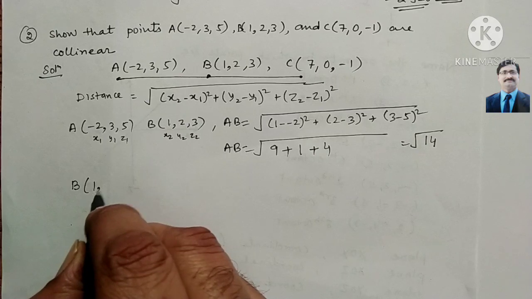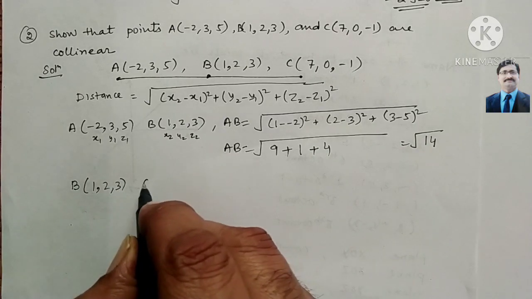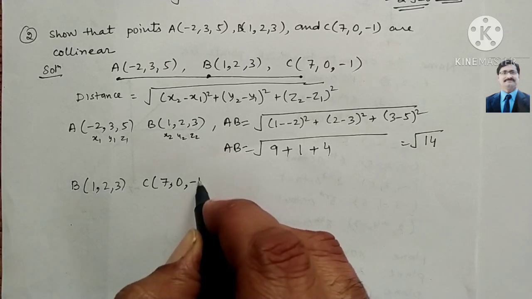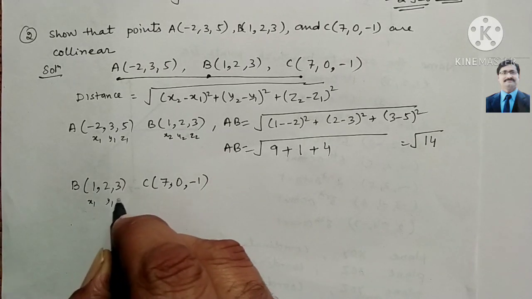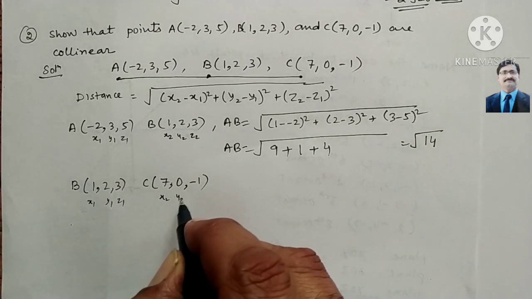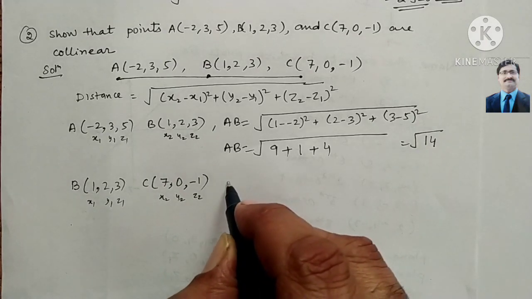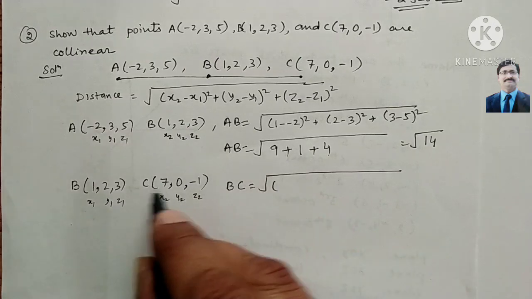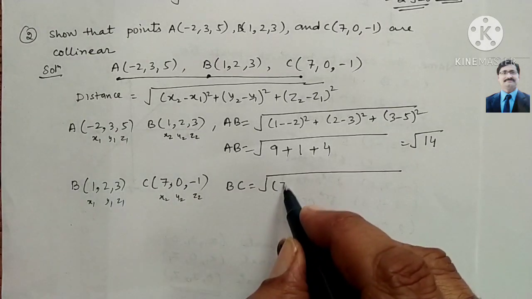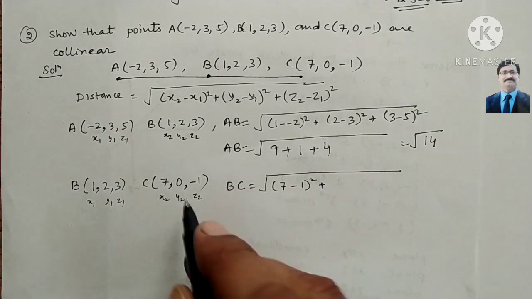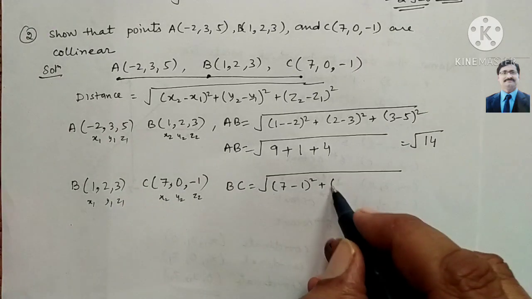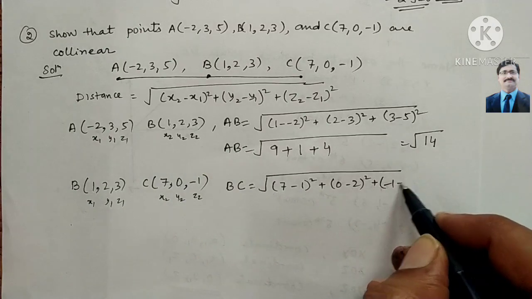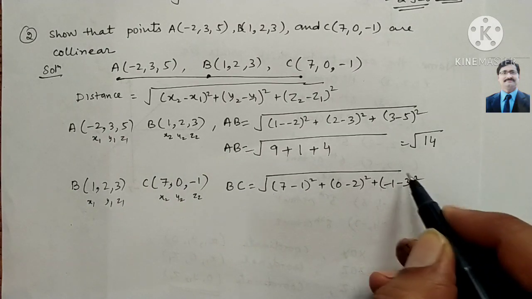B point is 1, 2 and 3, and C point is 7, 0 and minus 1. This is x1, y1 and z1, this is x2, y2 and z2. So here also we use the formula. BC is x2 minus x1, means 7 minus 1 whole square, then y2 minus y1, 0 minus 2 whole square, and then minus 1 minus 3 whole square.